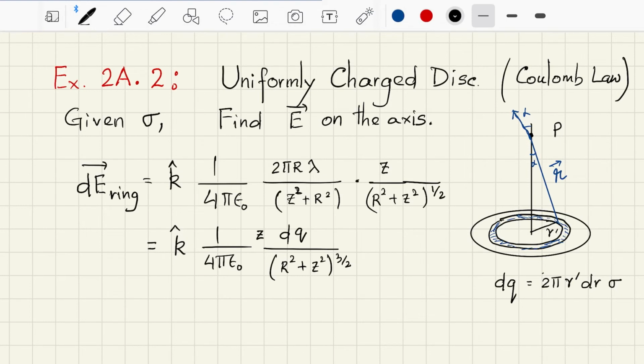In this course we should be using the cylindrical coordinates, but let me write down my full dE.